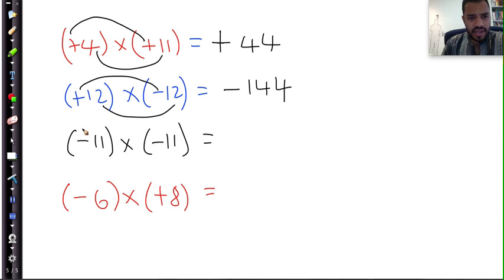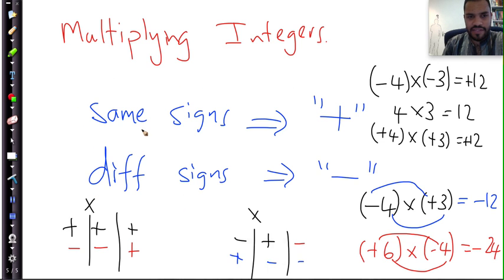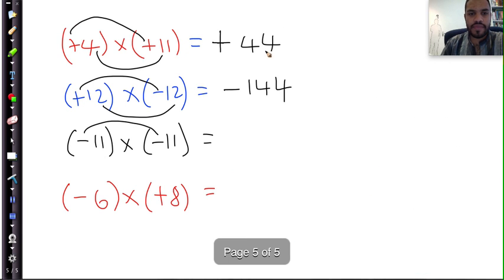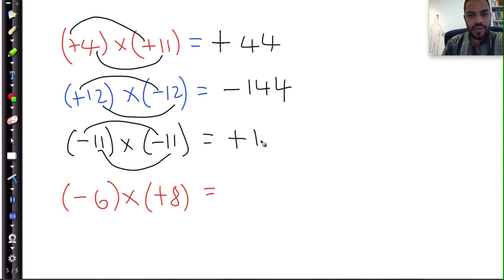A negative multiplied by a negative, when I multiply things with the same sign, the result is going to be positive, and 11 times 11 is going to be 121. Then over here, a negative times a positive, what does that give me? Different signs means I'm going to get negative, and 6 multiplied by 8 is going to be 48.